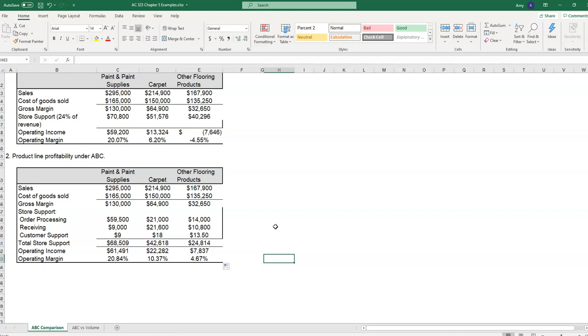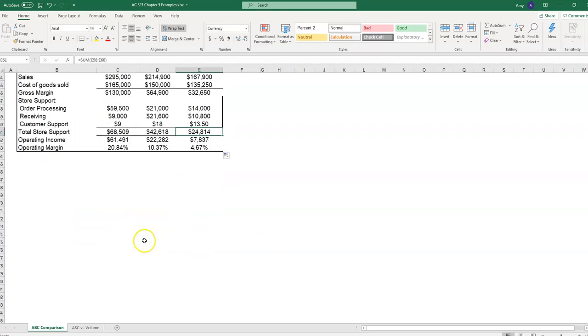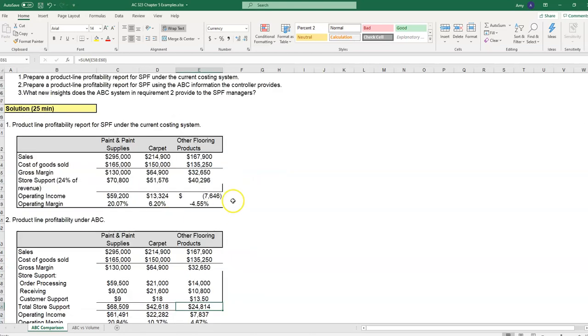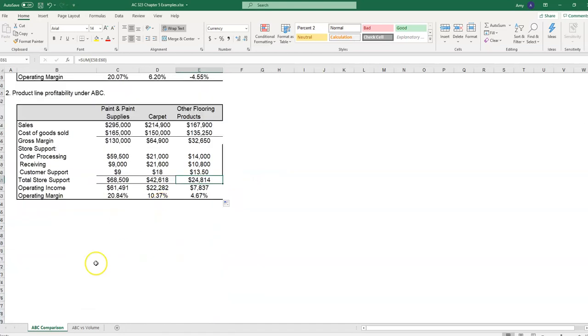We add almost $10,000 more for carpet. Or actually, it's total store support. We add a significant amount more for carpet. Our operating income has improved. So we're looking at using activity-based costing and how that changes the amount of operating income for a product line.